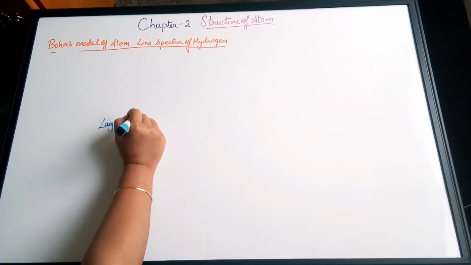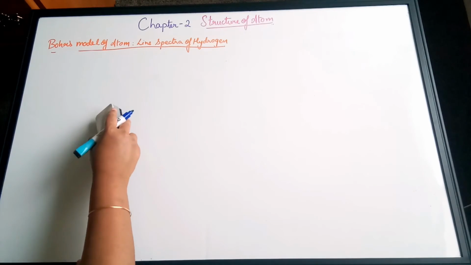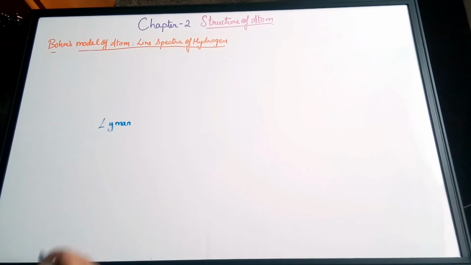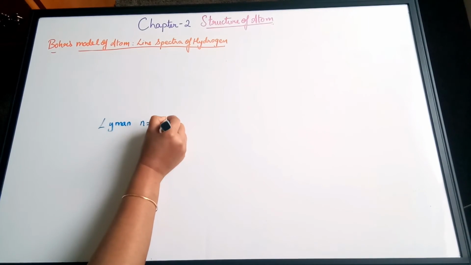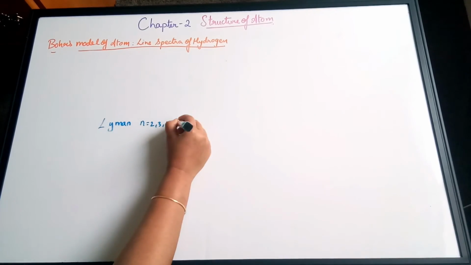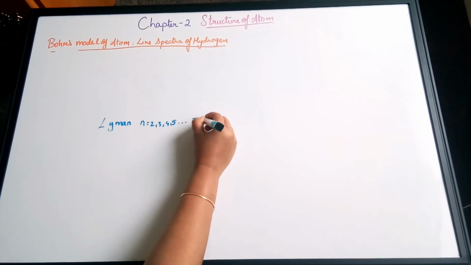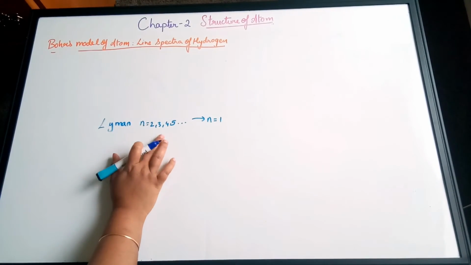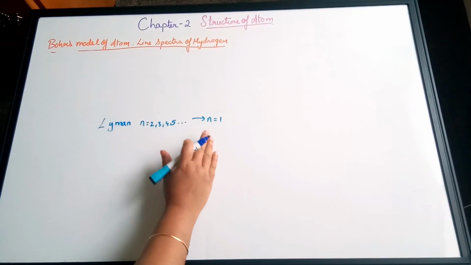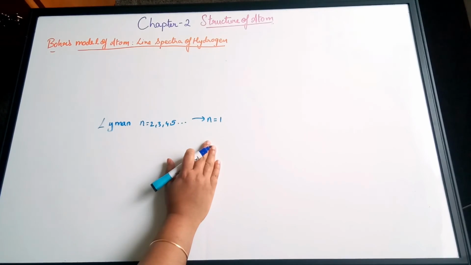Lyman series, I'm so sorry, it's Lyman series, goes from n equal to 2, 3, 4, 5 and so on, to n equals 1. So basically it's going from the second, third, fourth or fifth energy level to the first energy level.